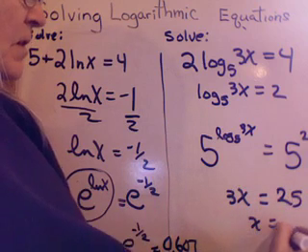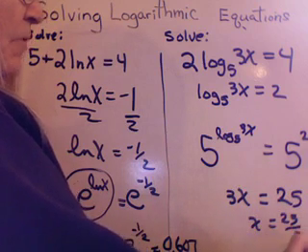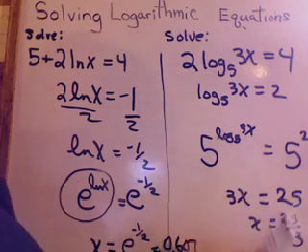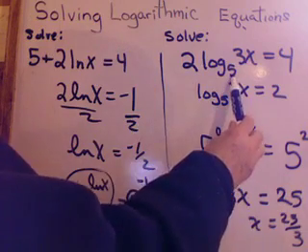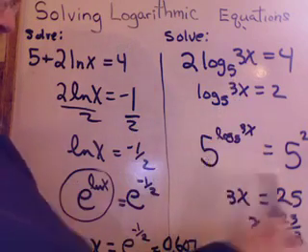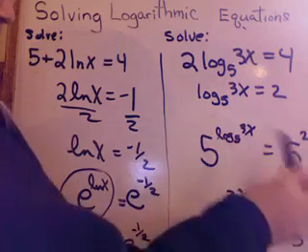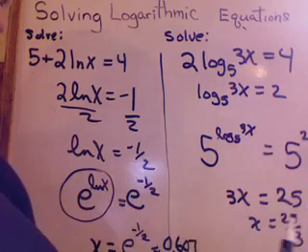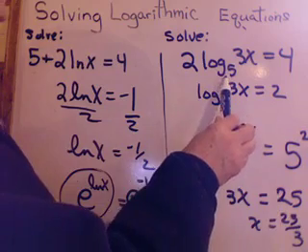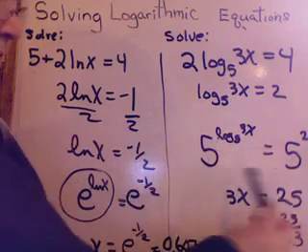So x equals 25 over 3. So the cool thing to remember, if the problem is in base 5, you use the base on both sides and raise both sides to the exponent. If this was a base 8, then I'd use an 8 for both of these numbers.